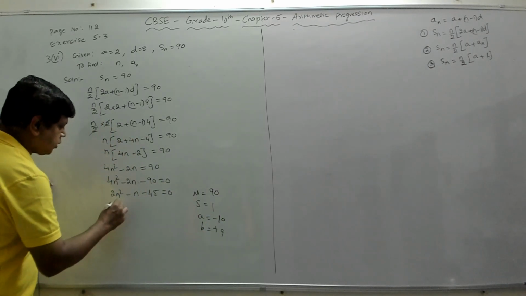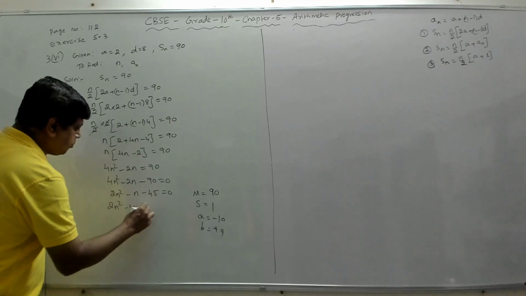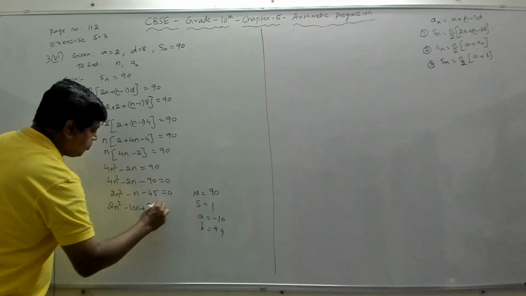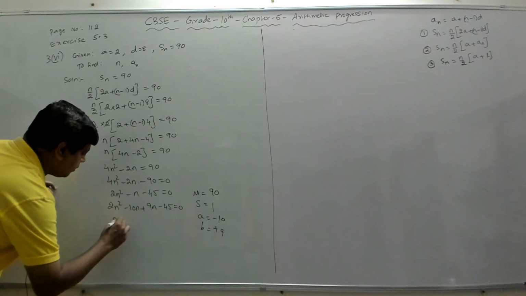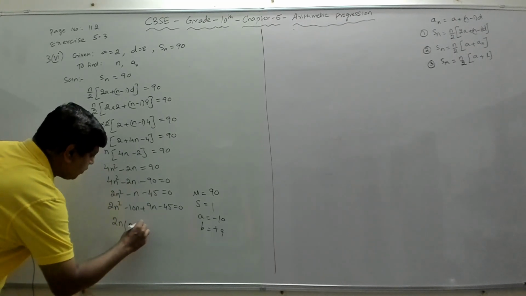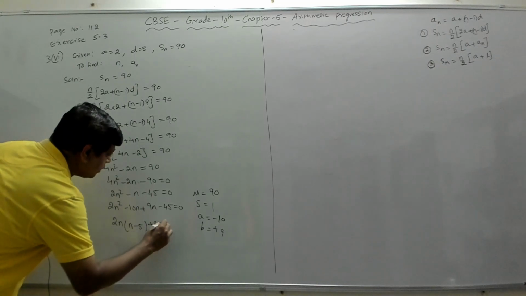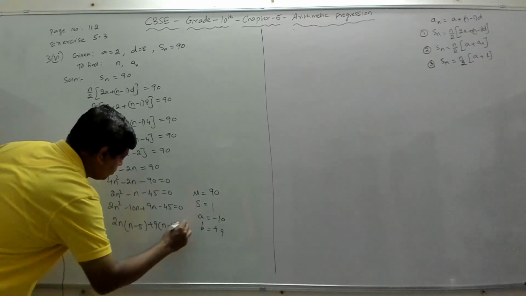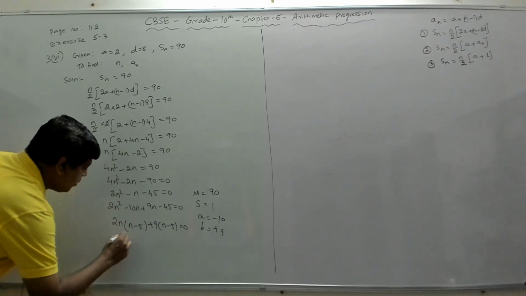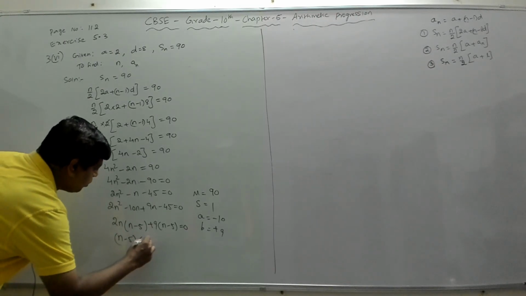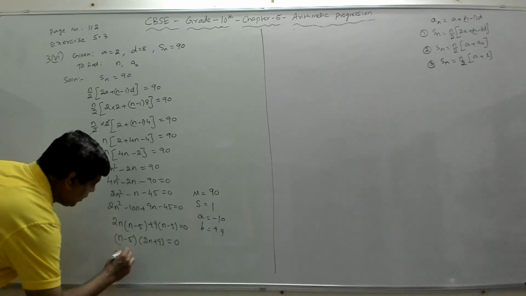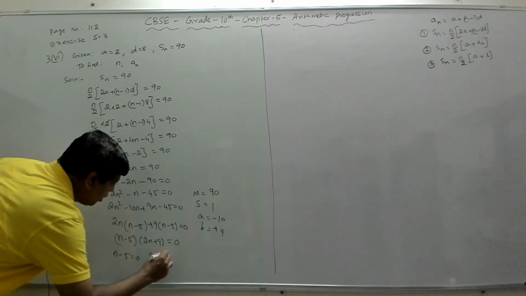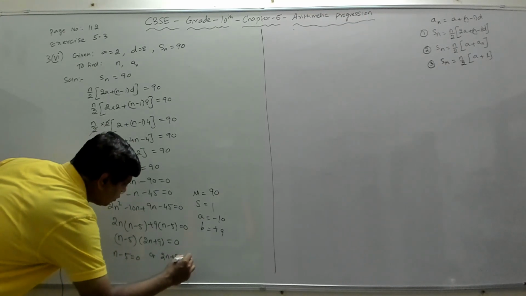So this will become 2n square minus 10n plus 9n minus 45 equal to 0. Here if I take 2n common, I'll get n minus 5. Here 9 common, n minus 5, equal to 0. So I get n minus 5 common again. I'll get 2n plus 9 equal to 0, which means n minus 5 equal to 0 or 2n plus 9 equal to 0.